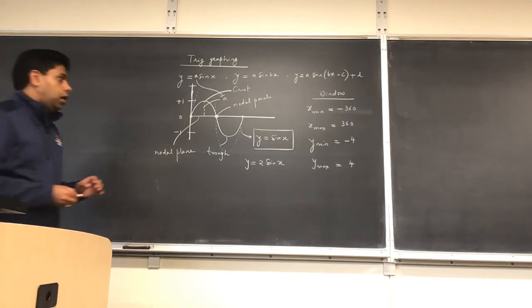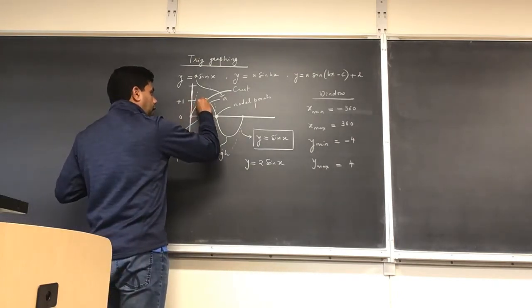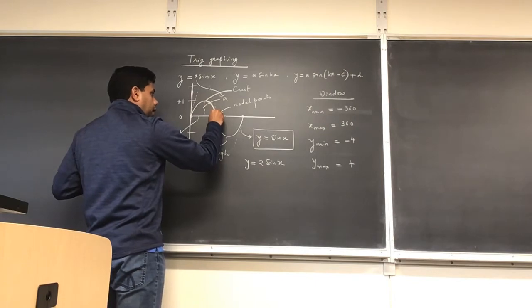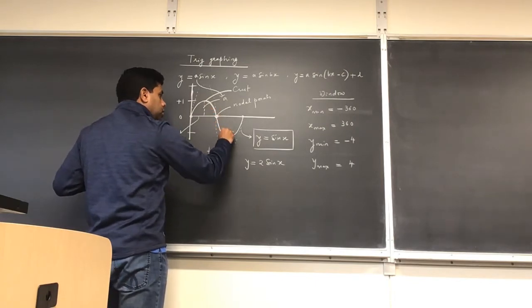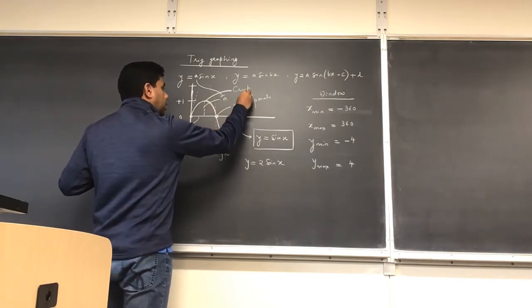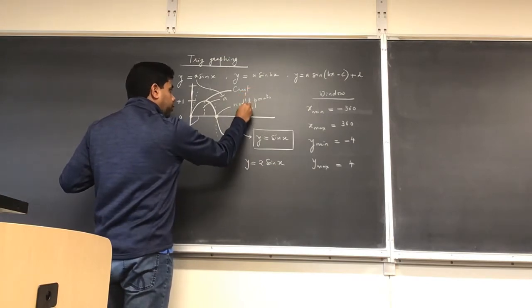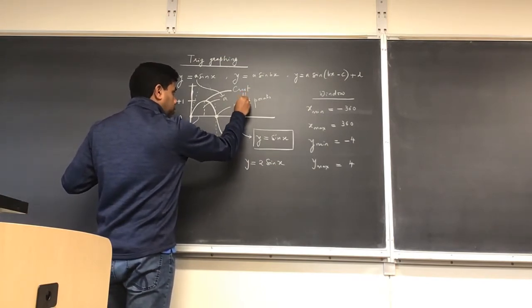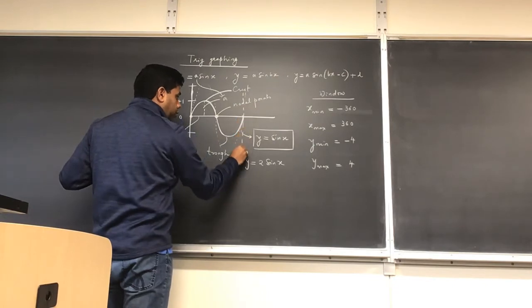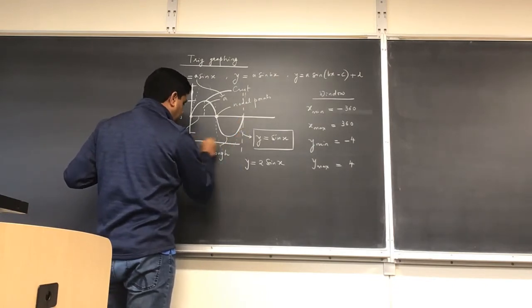Good. This is called a complete wave. Crest, trough. This is called a complete wave. So actually, you'll be surprised. Many people do not know the definition of a wave. This is a wave.